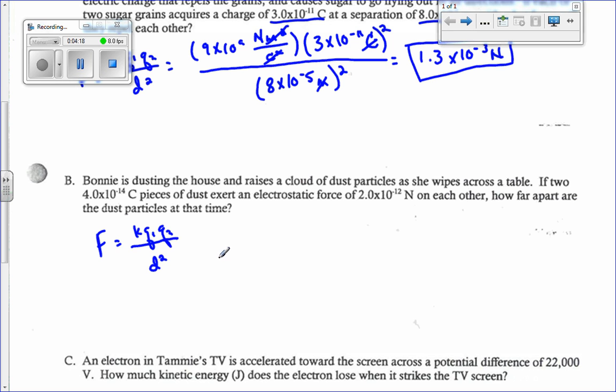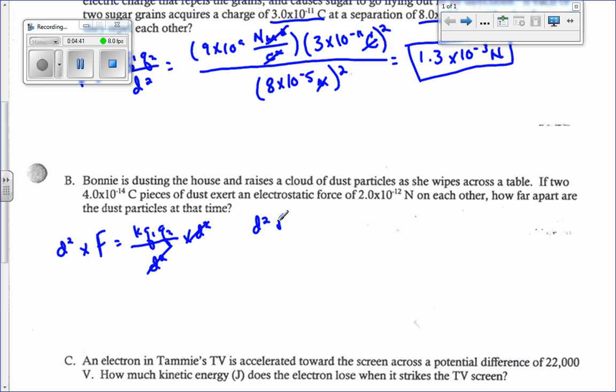And what's our first step in solving for distance? That's right. We've got to multiply by distance squared. You cannot solve for something that's in the denominator. You have to get it out of the denominator. So if you multiply it, you put it in the numerator over on the other side of the equation. Cancel out distance squared. And I'm going to rewrite the equation.